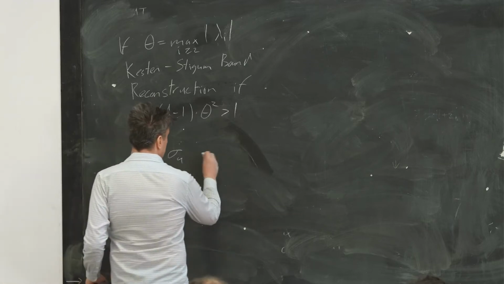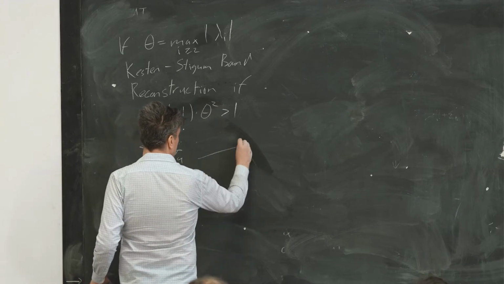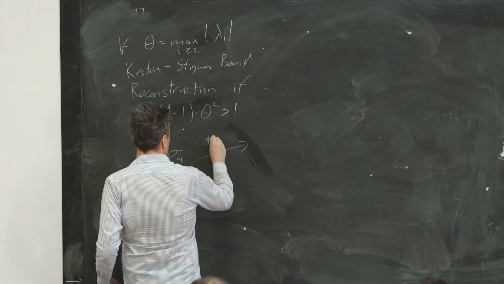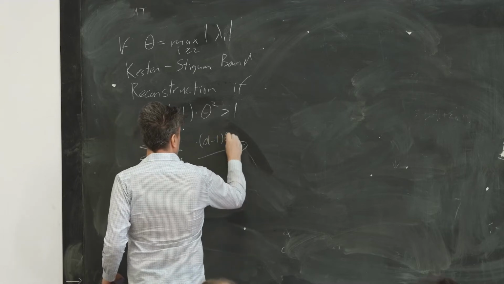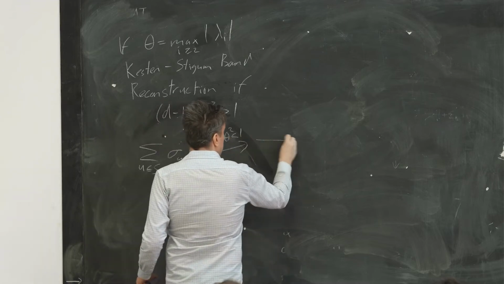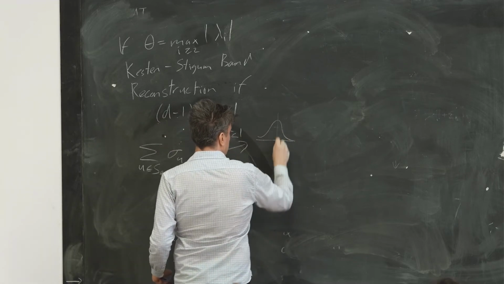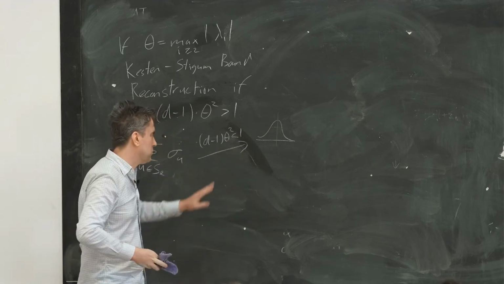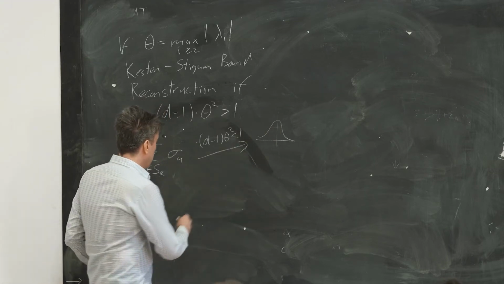And so it turns out that if I look at the distribution of this, when d minus 1 times theta squared is less than 1, then it just converges to a centered Gaussian when you normalize it.